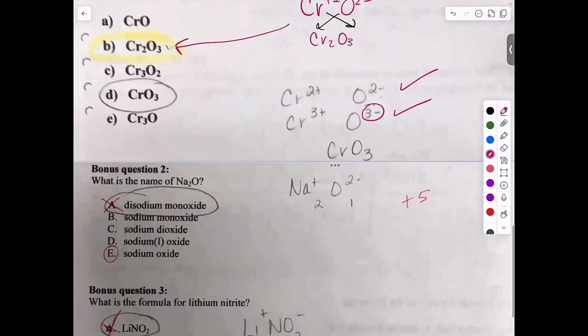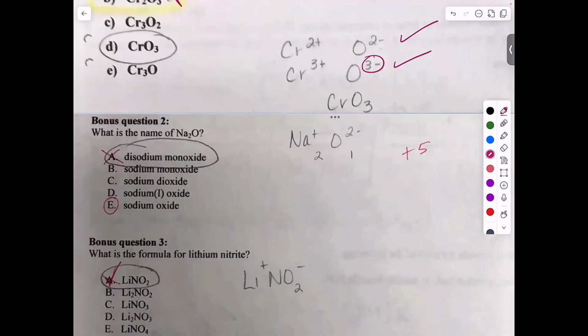Now, if we go over to Na2O, look what I did here. I went ahead and added di and mono. That does not apply to your ionic substances. You should only apply those to covalent. So sodium and oxygen, that's definitely ionic. And so you only need to name the metal ion first, your metal cation.